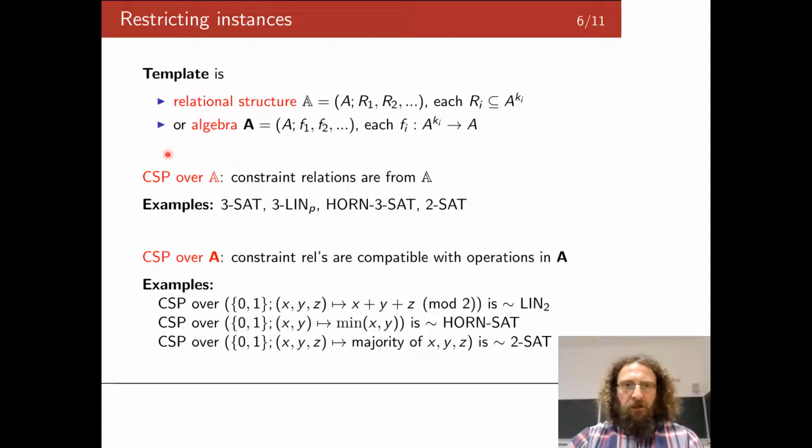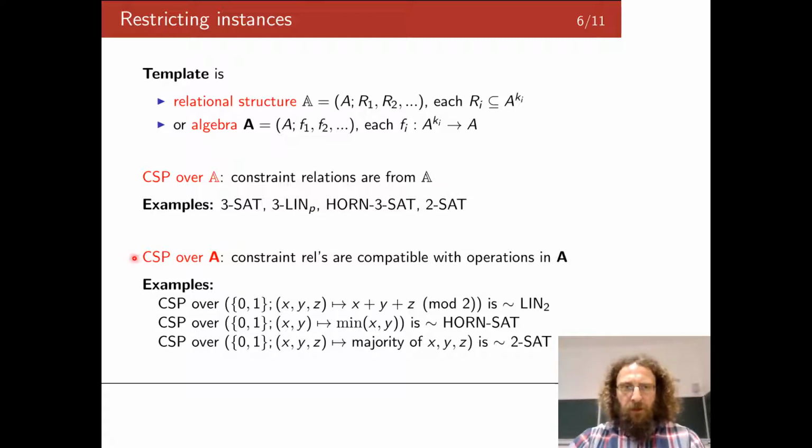The CSP over a relational structure A is the class of instances where every constraint relation is coming from A. By choosing various A's, we get various well-known computational problems, such as 3-SAT or solving systems of linear equations over Zp, or Horn 3-SAT or 2-SAT.